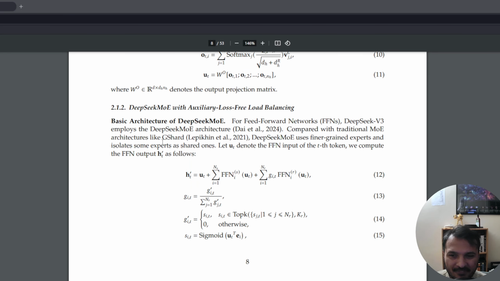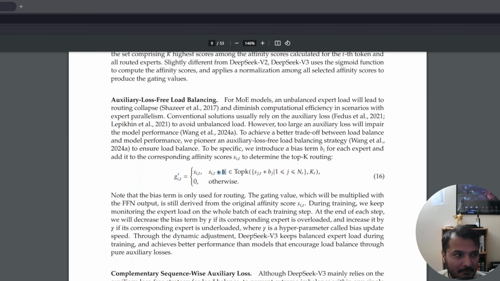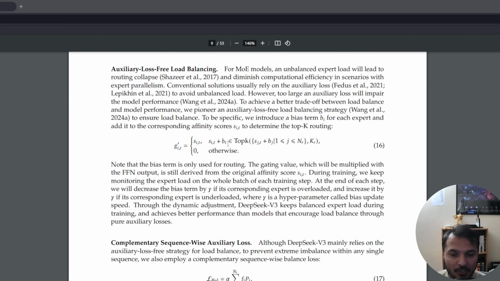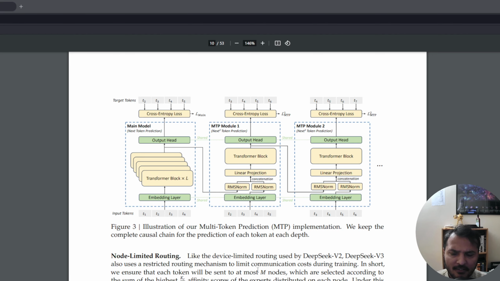And then they do some kind of load balancing by adding a bias term. I don't know, it just worked for them, but there's nothing really sciencey about this. Basically, they keep monitoring how the loads are being distributed to different experts, and they manually tweak the bias to distribute the balance equally. A lot of interesting things there.